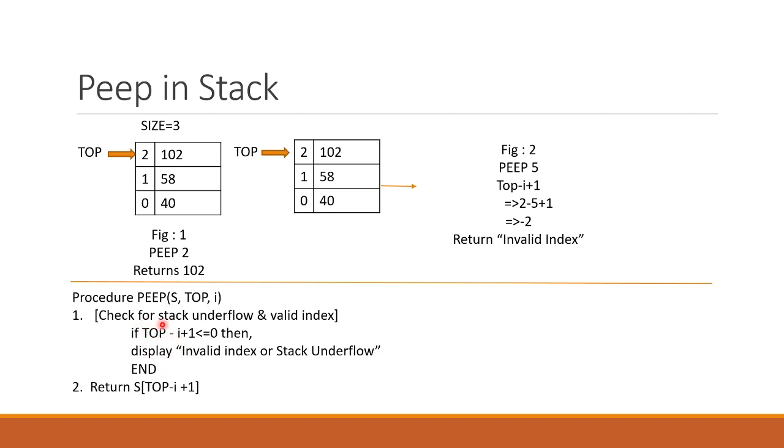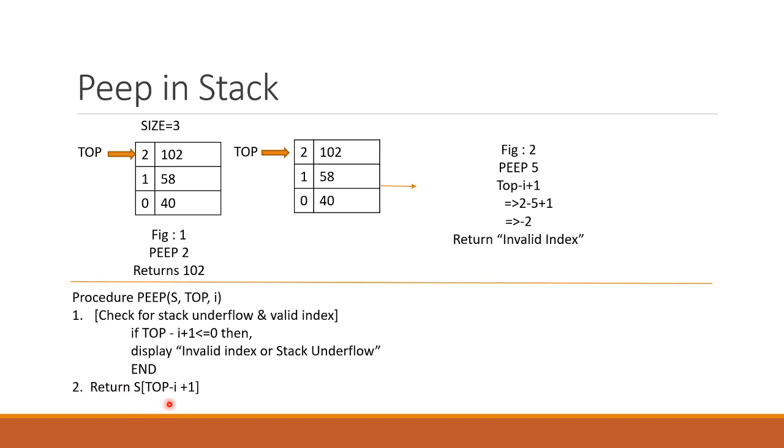Then if this particular condition is not true, that means it is false, then it will go to the second step of the algorithm where it would be returning the data from the stack, whatever data has been asked by the user.